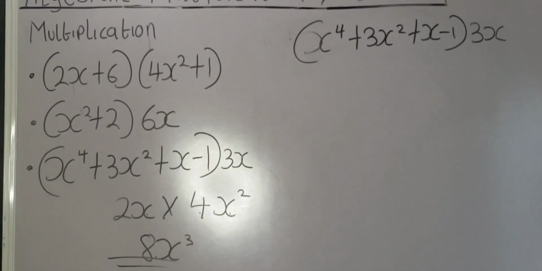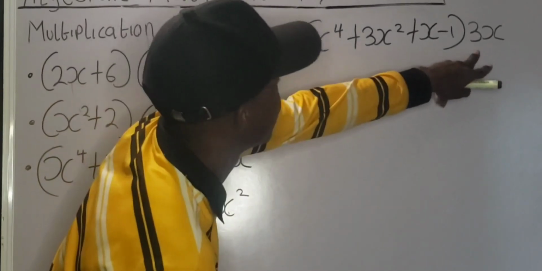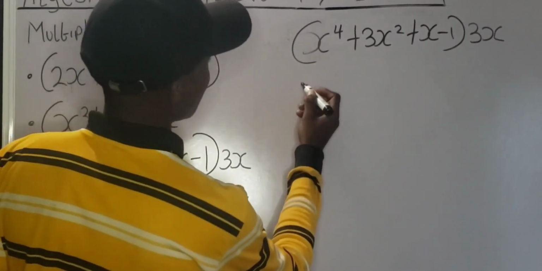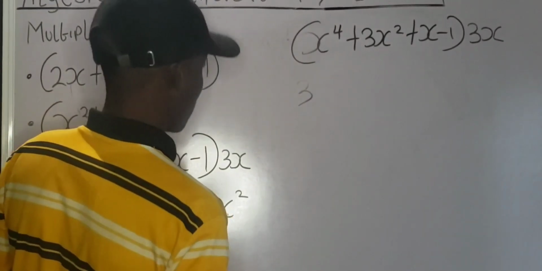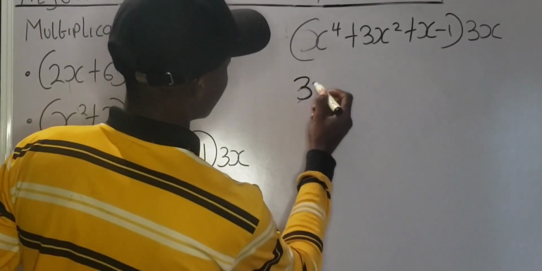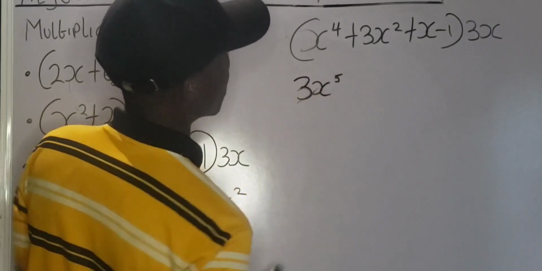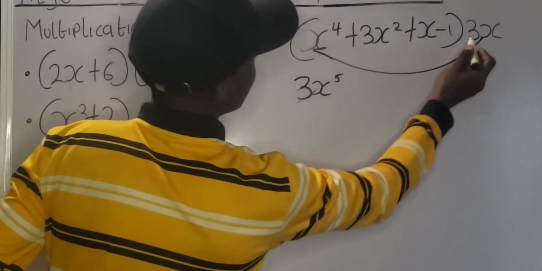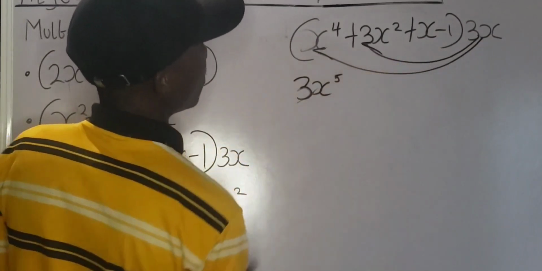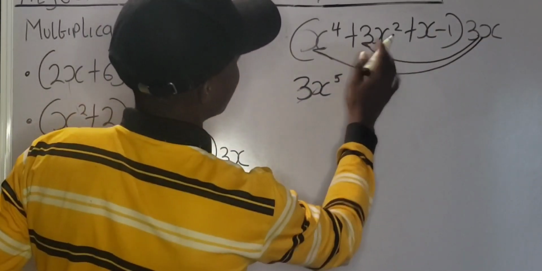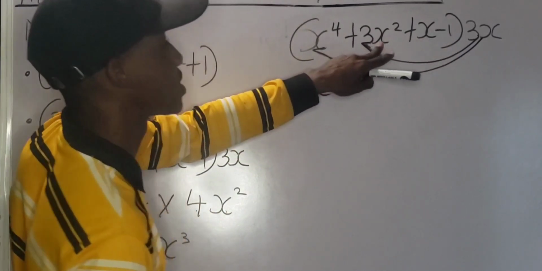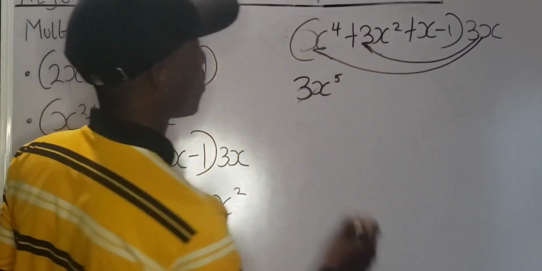Now let's multiply this 3x by x raised to the power of 4, that is 3x raised to the power of 5. Okay, 3x multiplied by 3x squared, that is 9x raised to the power of 3.